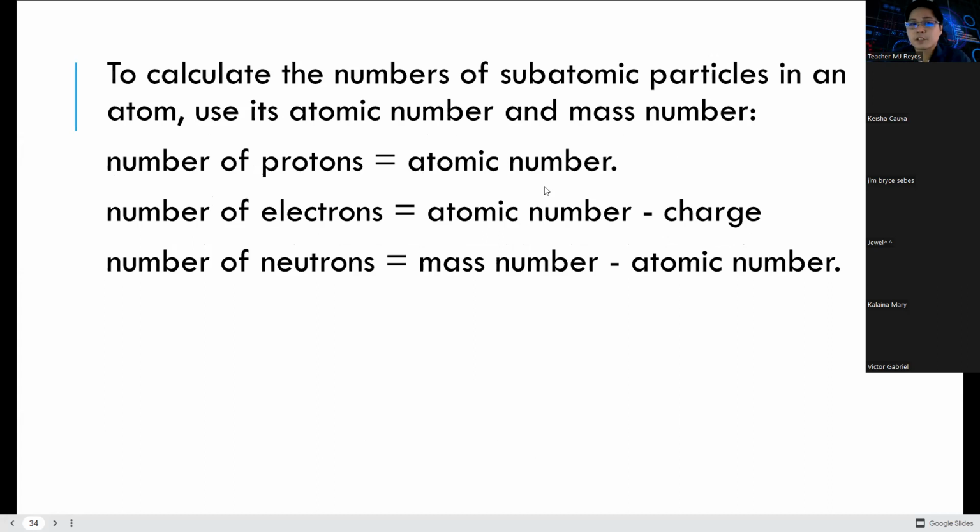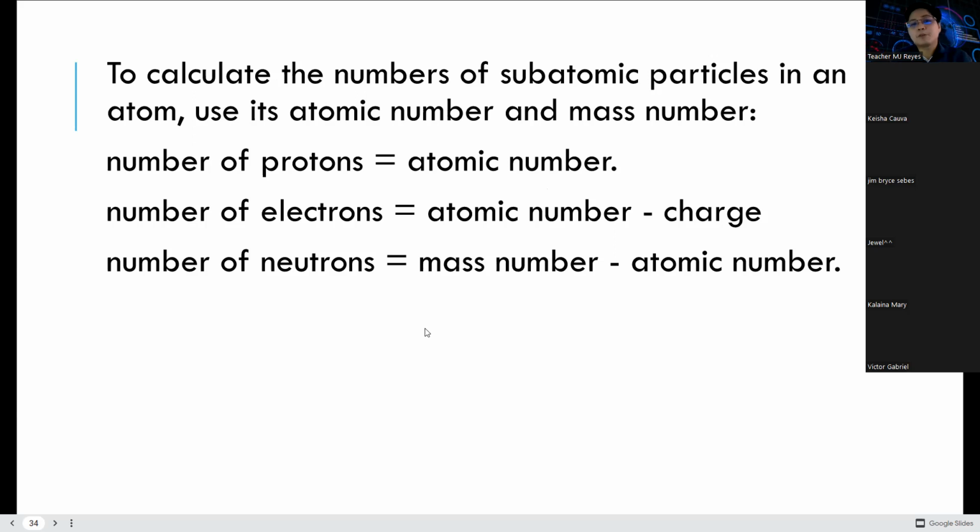The number of neutrons is equal to the mass number minus the atomic number. Please take note of these formulas because we'll be using them all throughout the activity. After this discussion, I'll be giving a series of activities.